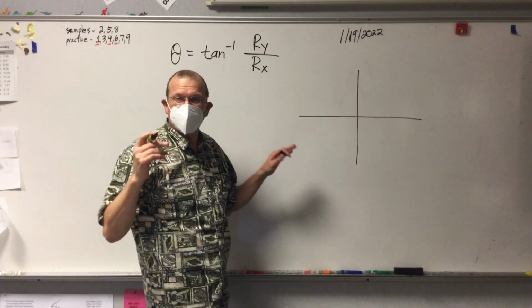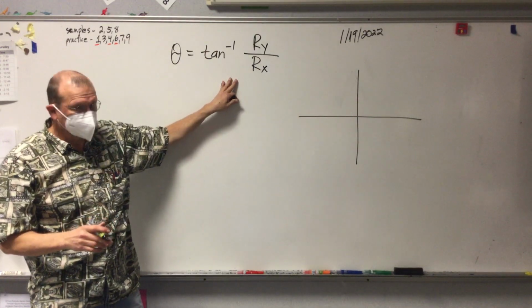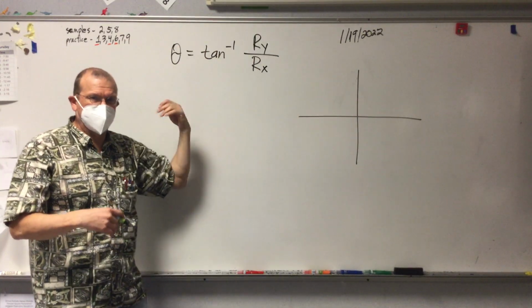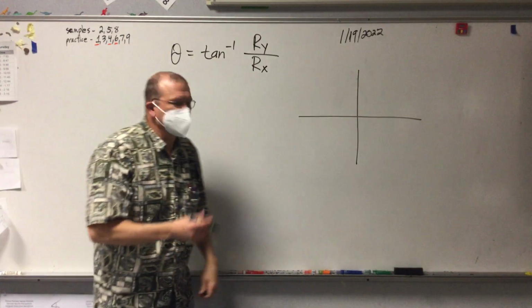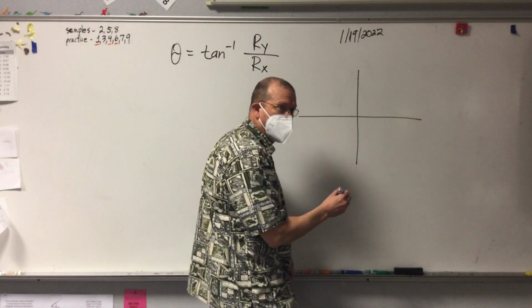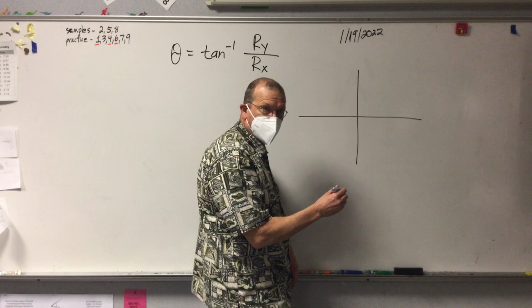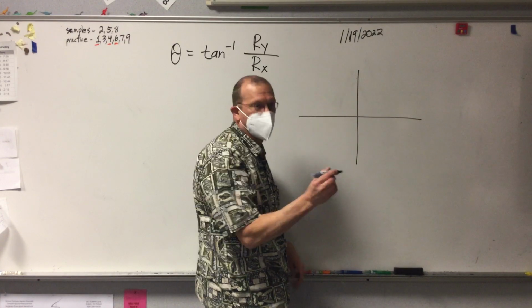I'm going to try and illustrate the problem that we have with this, not by doing the inverse tangent, but by asking what's the tangent of certain angles? We'll just start with the easiest one. What's the easiest tangent? 45.